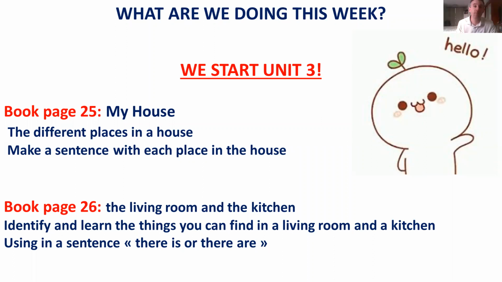And in the second part, with your book, page 26, the living room and the kitchen, identify and learn the things you can find in the living room and the kitchen by using the sentence there is or there are. Okay, are you ready?